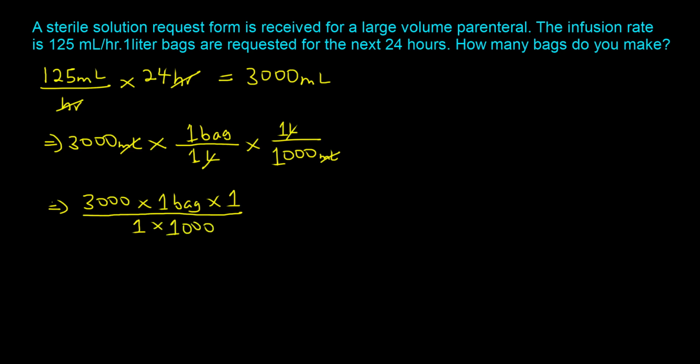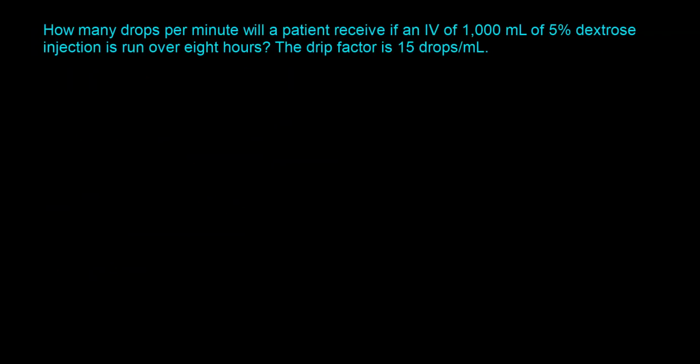So you multiply everything in the numerator, divide by everything in the denominator, and this ends up giving you 3 bags.